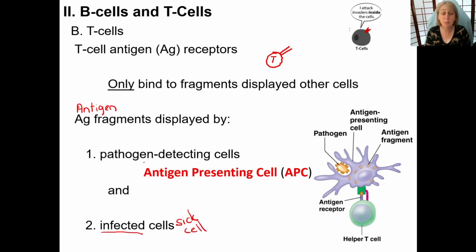Or they can be displayed by cells who are phagocytic, cells that are involved in the innate immune system. They ate the bacteria that infected you, and as they ate it, they displayed what did I just eat.